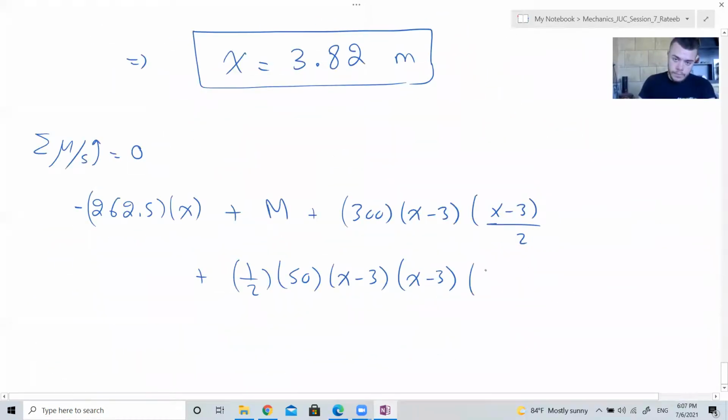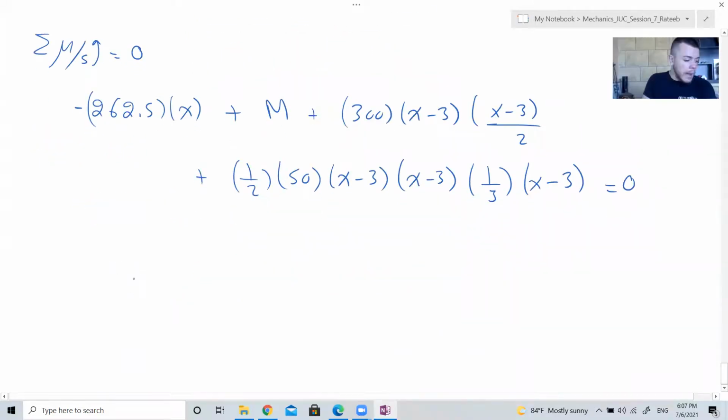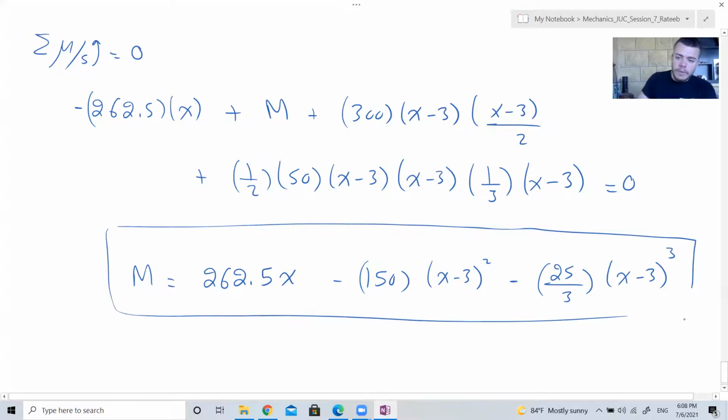So 1 over 3 times x minus 3 is equal to 0. So m is equal to 262.5 x minus 150 into x minus 3 squared minus 25 over 3 into x minus 3 cubed. This would be the equation for the moment.